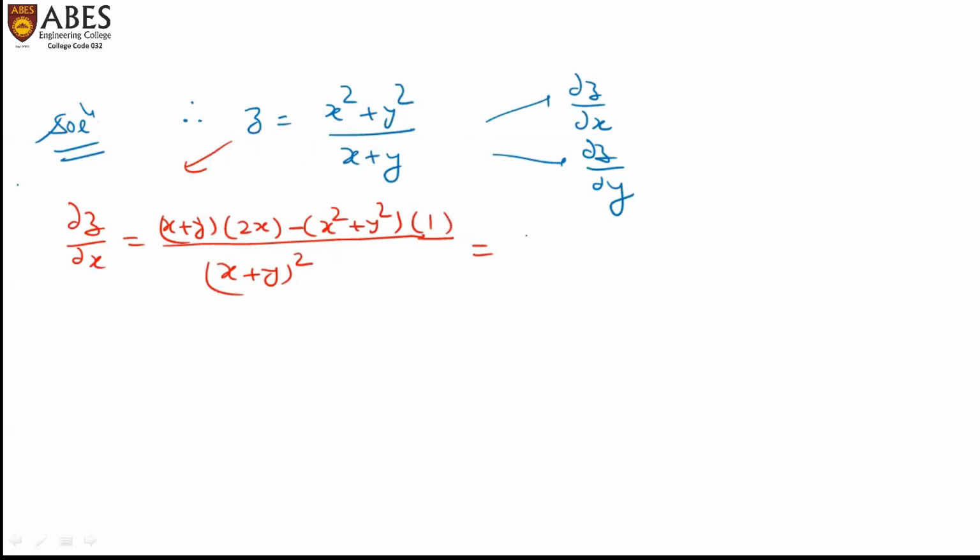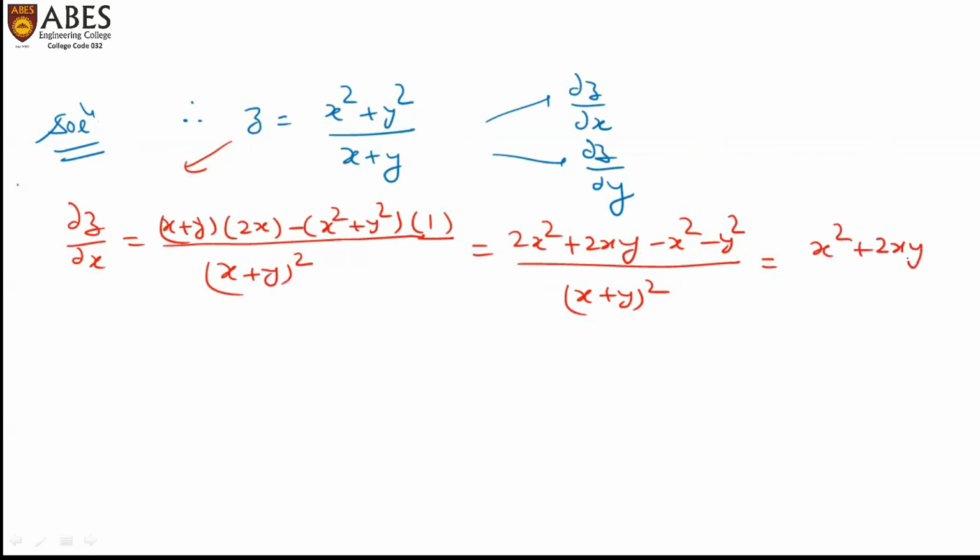Correct. So what is the result? This is 2x square plus 2xy minus x square minus y square upon x plus y whole square. So the result is x square plus 2xy minus y square upon x plus y whole square.